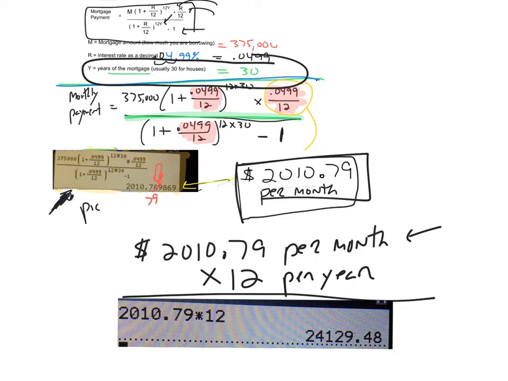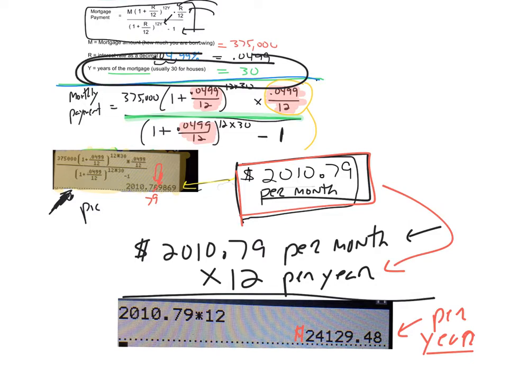So that means you're paying $24,129.48 per year for your mortgage, because you're paying $2,010.79 per month and you're making 12 monthly payments. So every year you're paying a little over $24,000 for your mortgage.